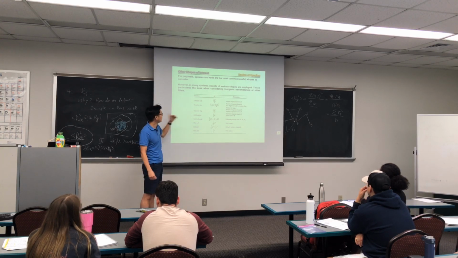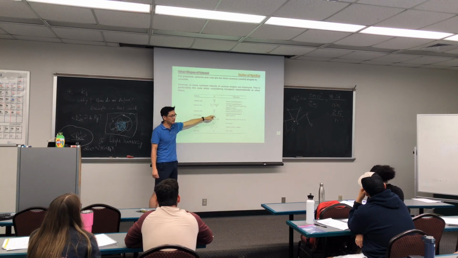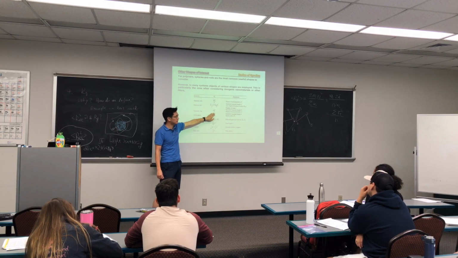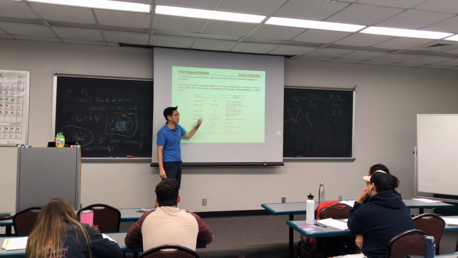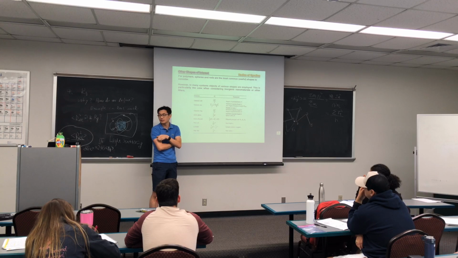Okay? So for a ring, we would also have a decrease in the Rg squared compared to the Gaussian coil. If you close the linear chain to be a ring, your Rg squared drops by half.